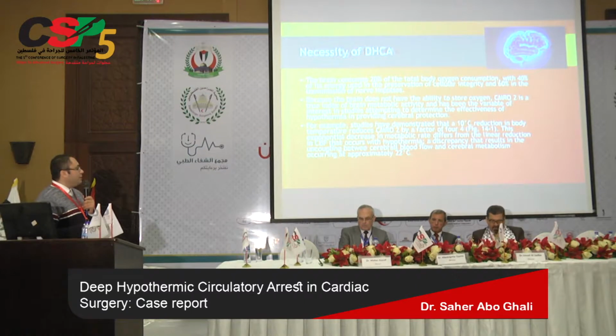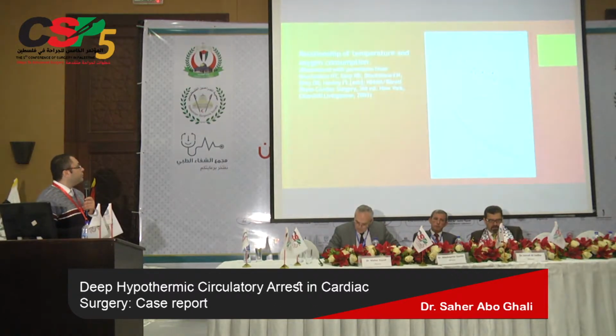We can say that a 10-degree reduction in body temperature reduces the metabolic activity of the brain by a rate of 4. As you see in this curve, when the temperature is reduced, the metabolic activity of the brain is reduced.